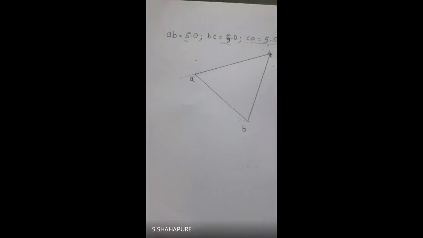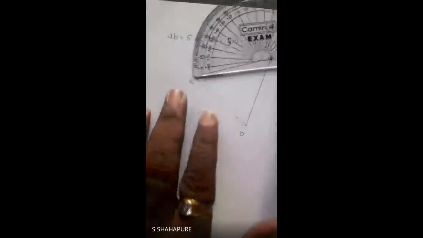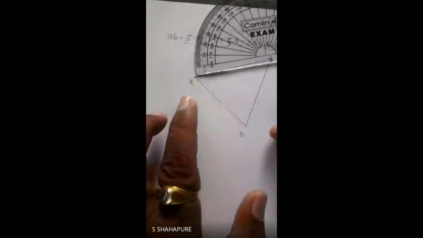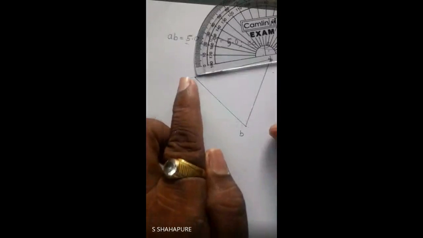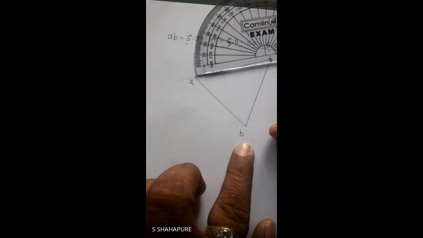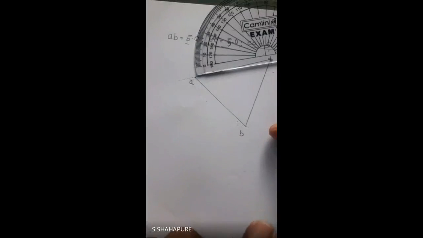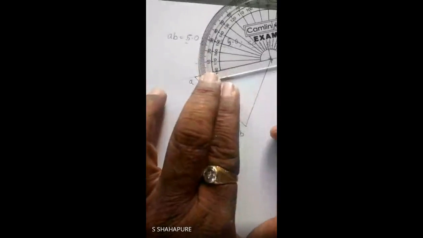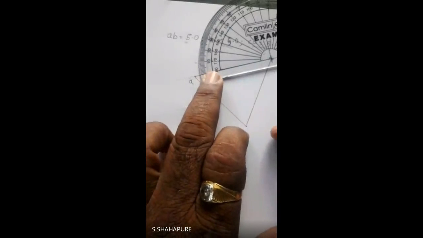The angle measured between A and B is 10 degrees with reference to O. That angle you have to make at C, at the third point.